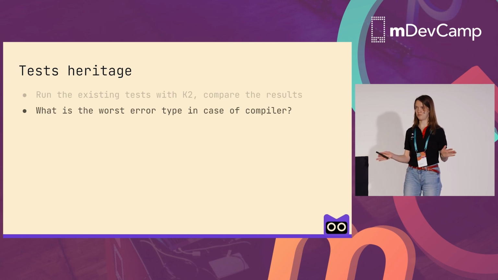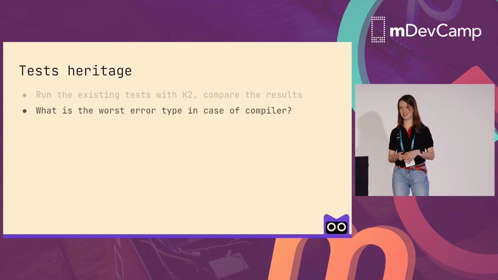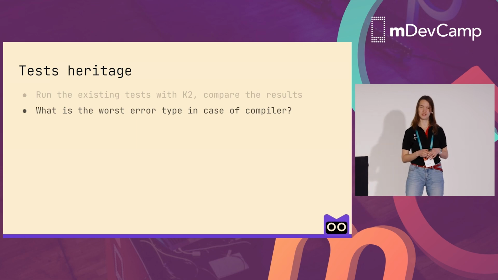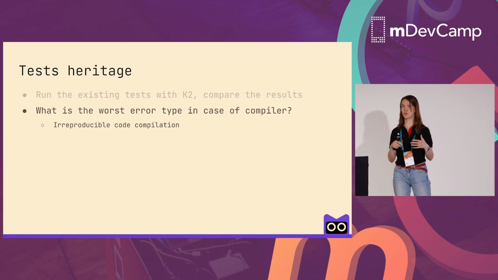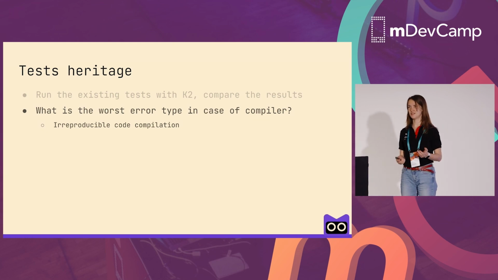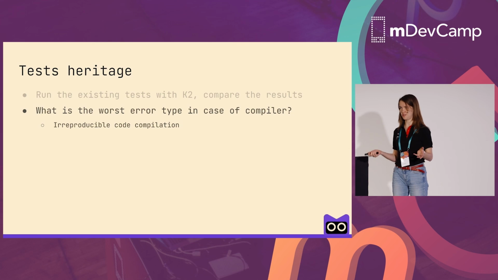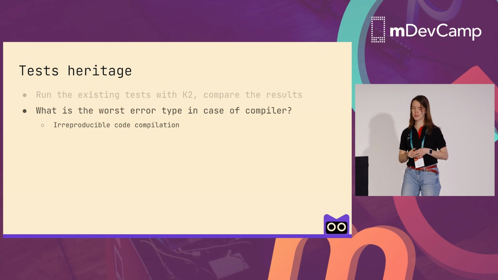So let's play a game, because I think it's too boring to just listen to me. Let's see what is the best bug, the worst bug you can meet with the compiler. I will give you some types of those bugs, and then we will do voting, but this kind of voting, so you do some physical work, because technologies.